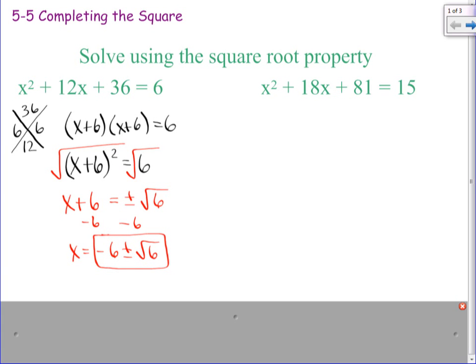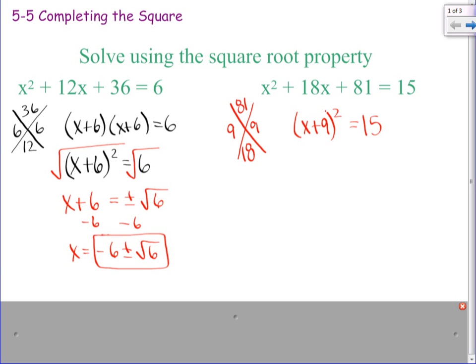So this is just a piece of what we do when we complete the square. We're going to do the same thing on the next problem. Looking here, if we factor, what two numbers multiply to the top number and add to the bottom number? 9 and 9. So this would be x plus 9. Instead of writing it twice, I'm going to skip that part and just write squared is equal to 15.